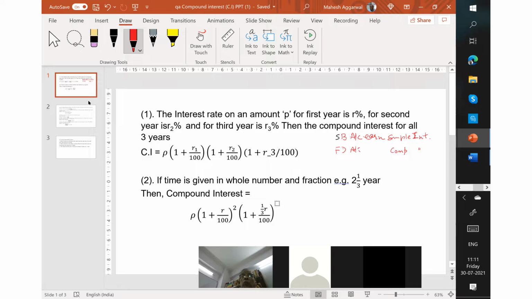We are assuming here during our entire discussions that the interest is given by the bank on an annual basis. Am I clear? Means whatever interest is accrued to you, you are getting it after 1 year. In practice, it may be different. For example, on fixed deposits, sometimes you are getting quarterly interest.